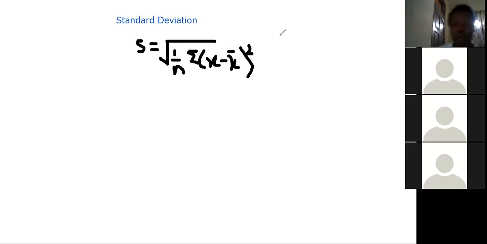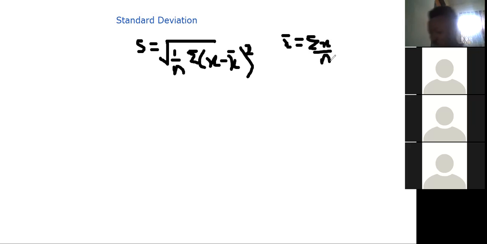That is it. The whole of this is squared, where you know that x bar is equal to sigma x all over n. You all know how to find this, using the set of numbers. So this one is for the standard deviation for a normal set of numbers.